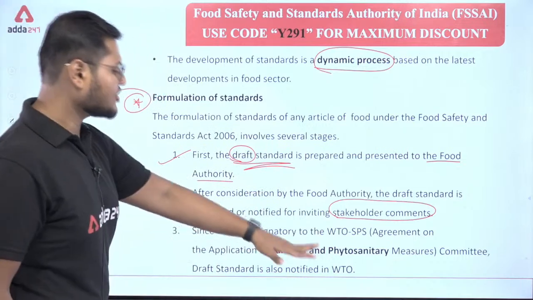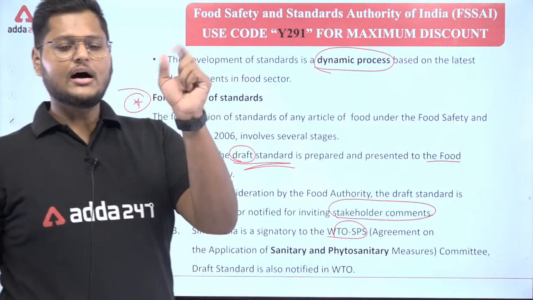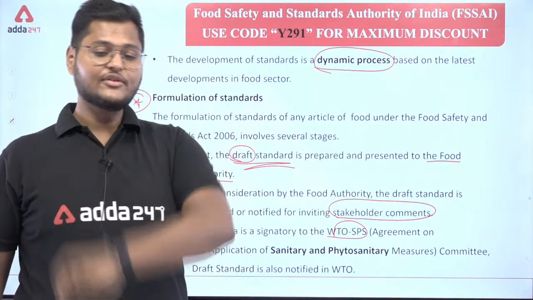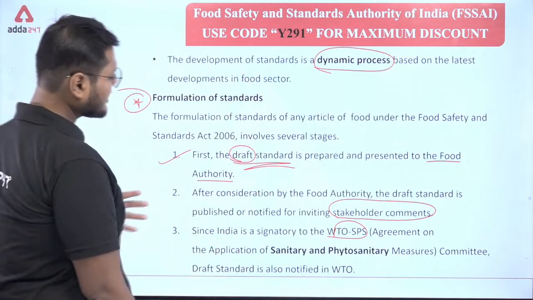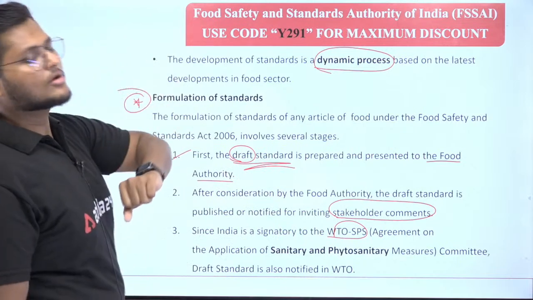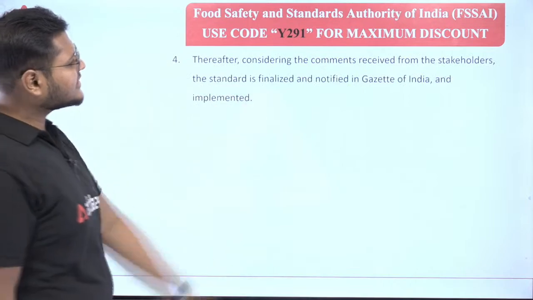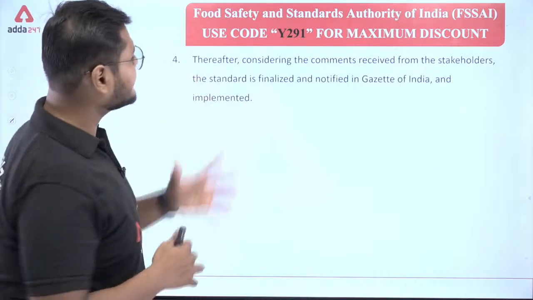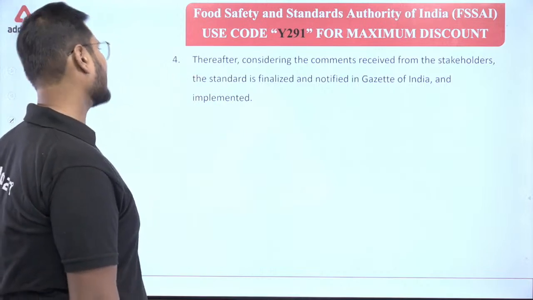Since India is a signatory to the WTO SPS, that is the Agreement on the Application of Sanitary and Phytosanitary Measures committee, the draft standard is also notified in WTO, okay. So the World Trade Organization is also notified about the draft standard. Next, thereafter, considering the comments received from the stakeholders, the standard is finalized and notified in the Gazette of India and implemented.